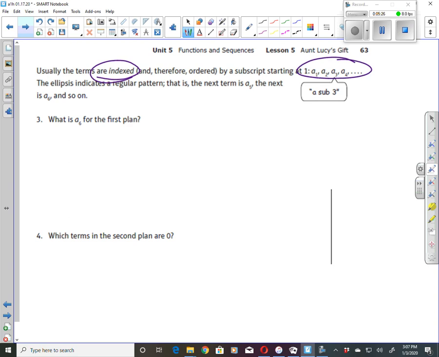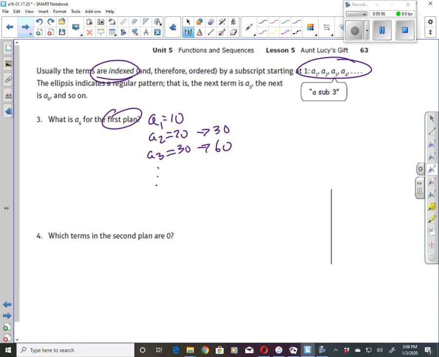So if we start at A sub 1 for the first plan, right? A sub 1, we knew that was $10. A sub 2, we knew we were going to get $20, but that resulted in $30 total. A sub 3 was $30. My result now is a sum total of $60.